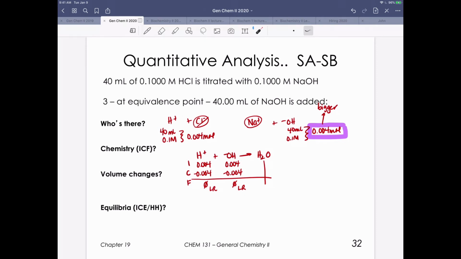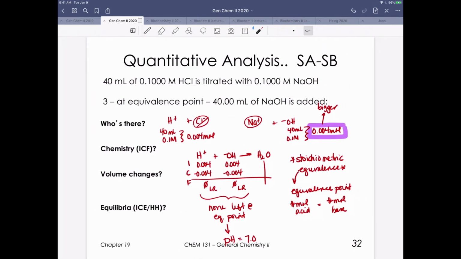So again, what this means is we're going to have no hydronium ions that are left because we added the exact perfect amount of hydroxide. So at the end of the day, there's really nothing left to contribute to pH. Those guys are equal. And so we're going to have a pH that's equal to 7. So again, none left here at the equivalence point. That's going to mean that the pH will be equal to 7.